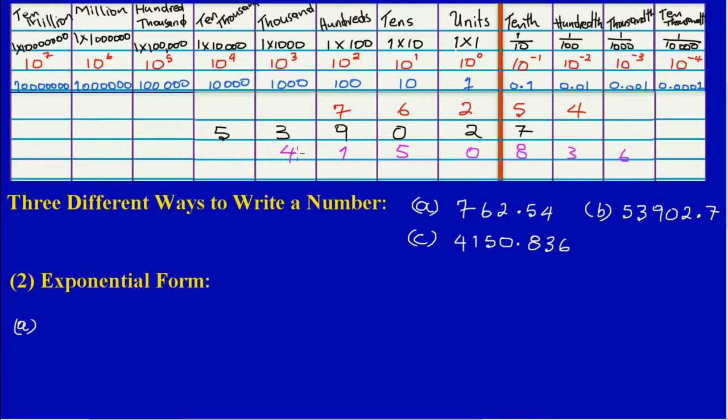In exponential form now, the 7 is in the hundreds column, and in exponential form, 100 is the same as 10 to the 2. So here I would have my 7, so open bracket, 7 times 10 to the 2, close bracket. That is the same as 7 times 100, which is 700.